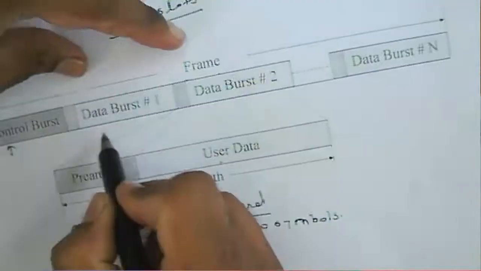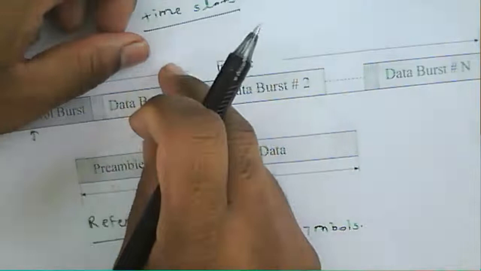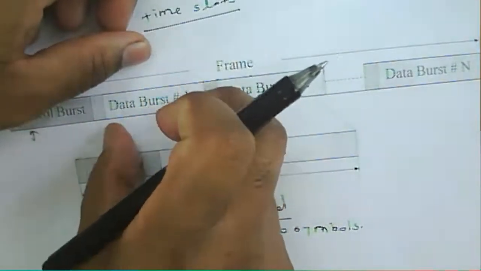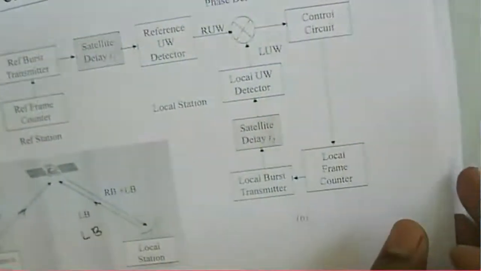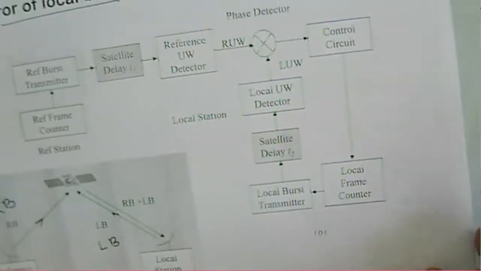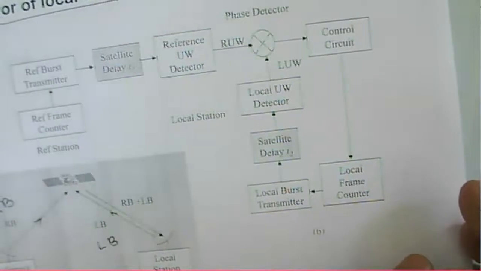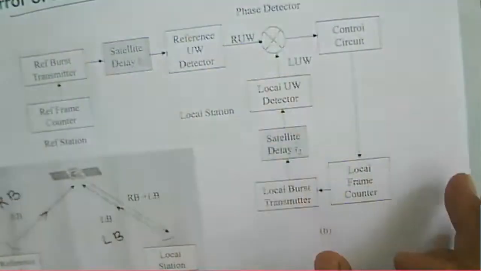The position of a particular data bus for a given station is achieved using this bus synchronization technique, by obtaining the error between the RUW and LUW pulse.